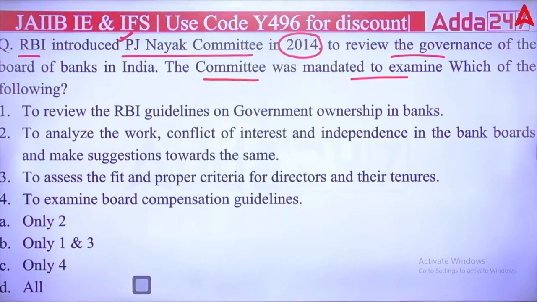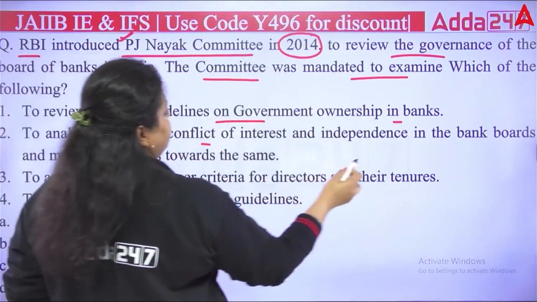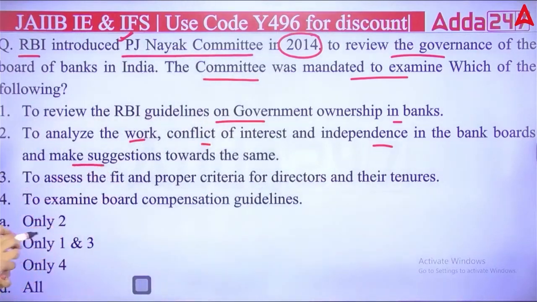Let me know which of the following is correct here. Okay, so the right answer is actually: first is saying to review the RBI guidelines on government ownership in bank, to analyze the conflict of interest, independence in the bank board and make suggestions towards the same.